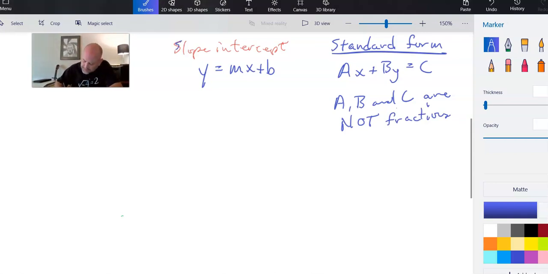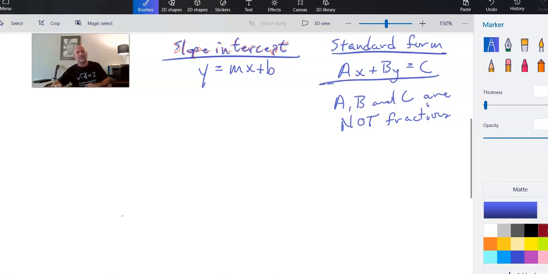So you have the slope-intercept, and then you have the standard form. Interestingly enough, the standard form has that no fraction rule. It has to do with the limitations of the old printing presses.